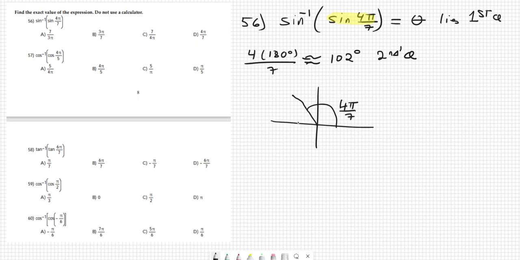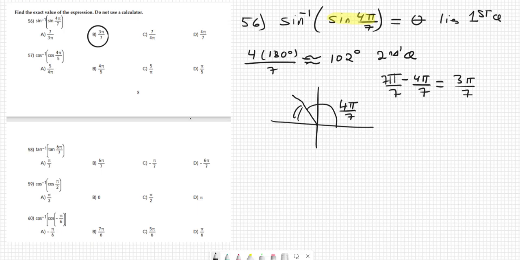My reference angle has the same value as this, and this would be pi minus 4 pi over 7, no? Because this is 7 over 7, and 7 minus 4 is 3 pi over 7. Okay, I suppose this is the answer. Yes, option B, 3 pi over 7. Nice.